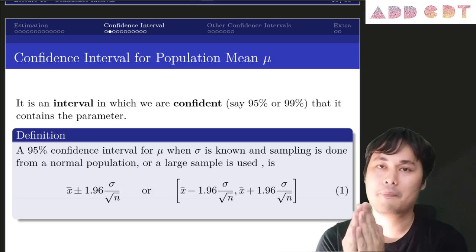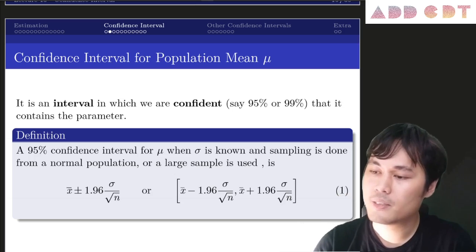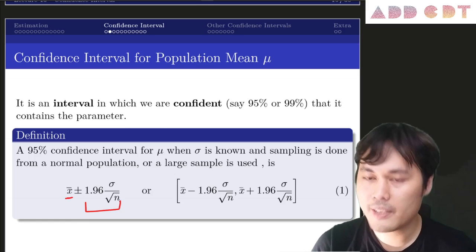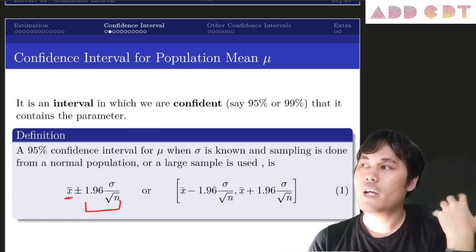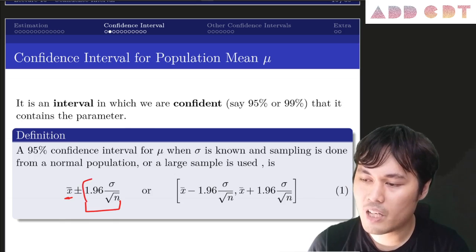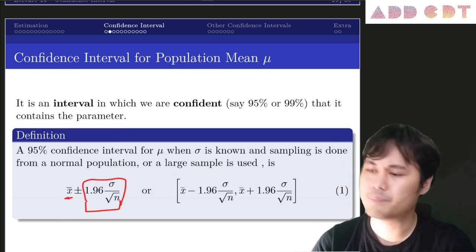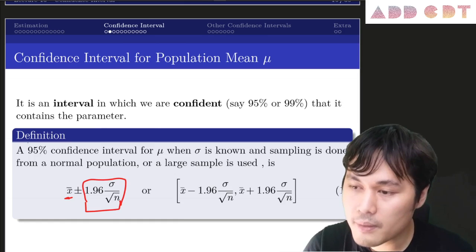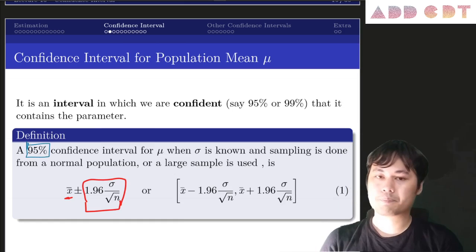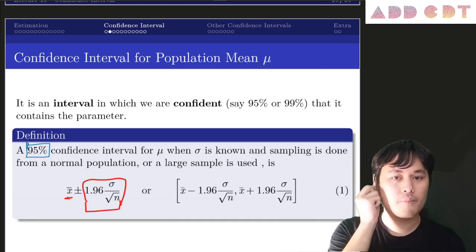It's going to be 10 plus or minus some number, and that number can be computed as follows. x bar, the sample average, plus or minus 1.96 times sigma divided by square root of n. And we are 95% confident. This is the formula for a 95% confidence interval for the average.